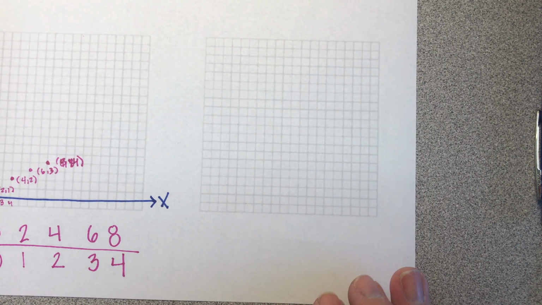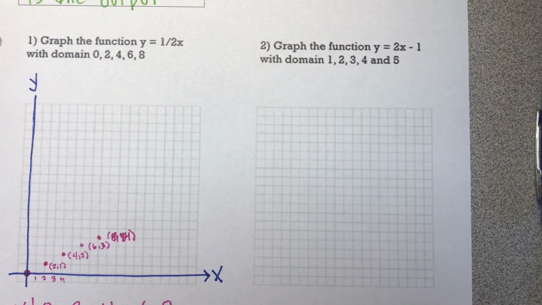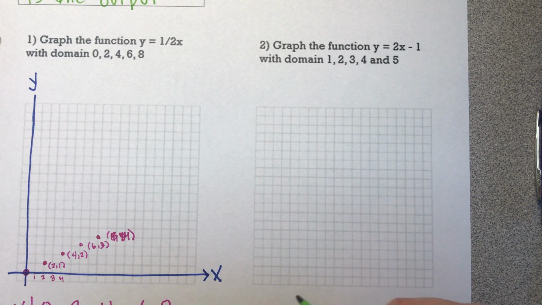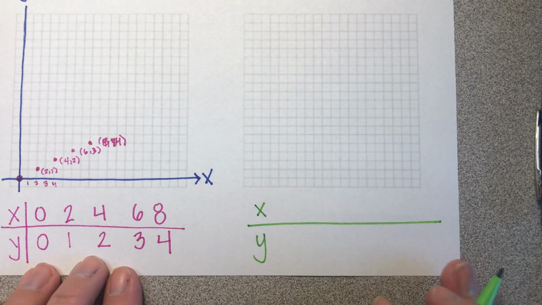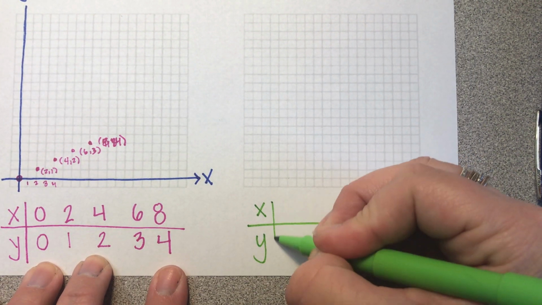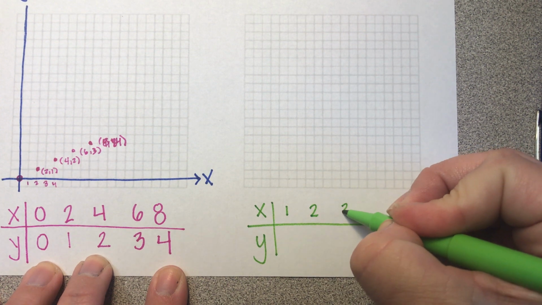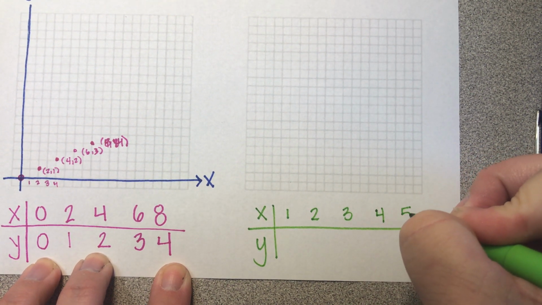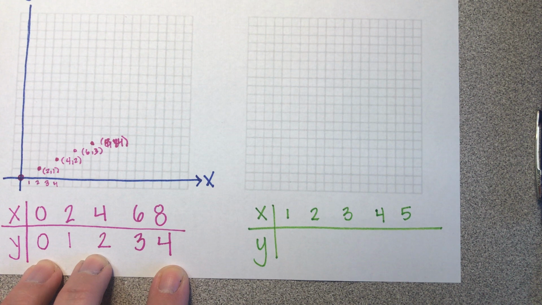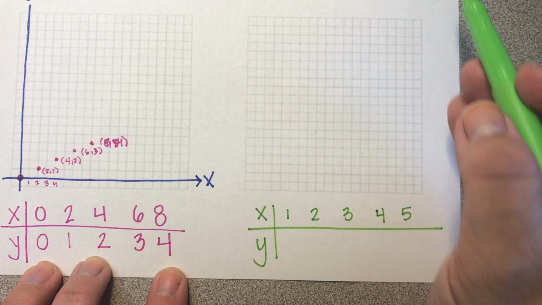Okay, and then the next one is, graph the function y equals 2x minus 1 with a domain of 1, 2, 3, 4, and 5. So we're going to make our table again. This time I'm going to do x and y. My x's are 1, 2, 3, 4, 5, and my y's are 2 times x minus 1.